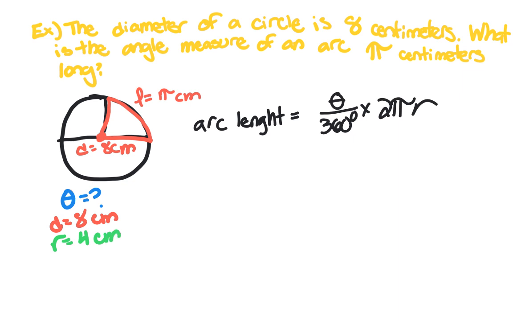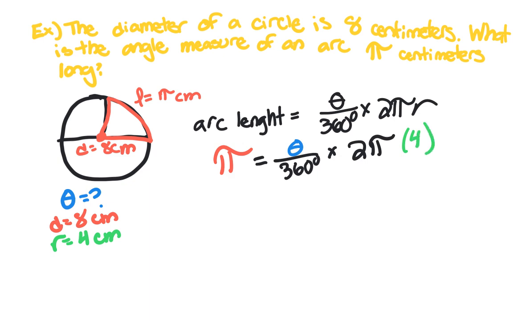So let's plug in what we know. Our arc length in this case is just pi, equals, we don't know theta, times 2 pi. But we do know our radius. That is 4.